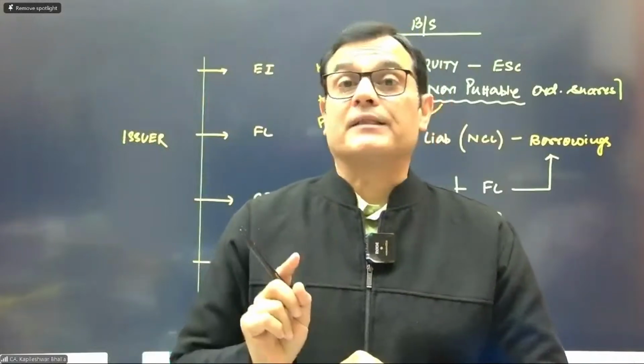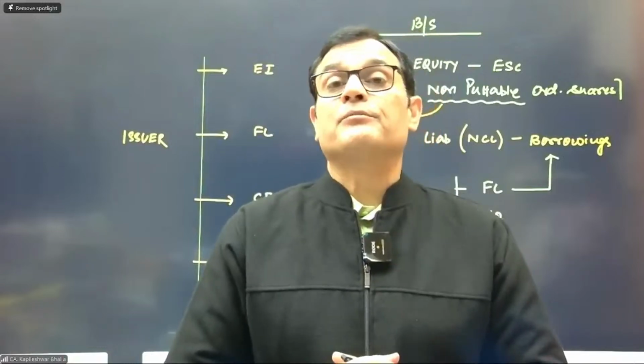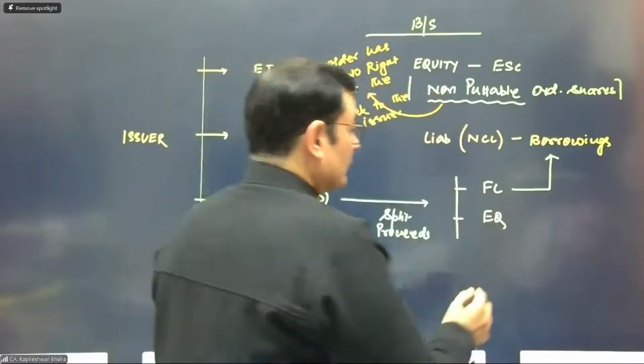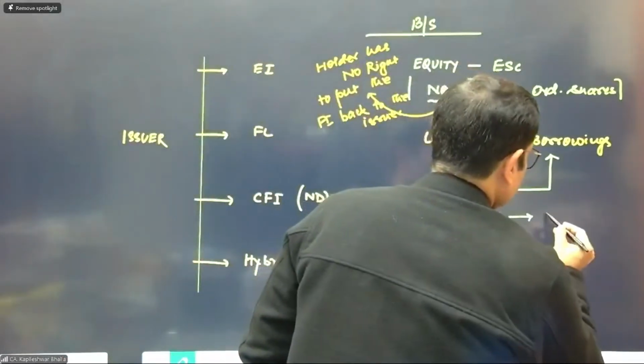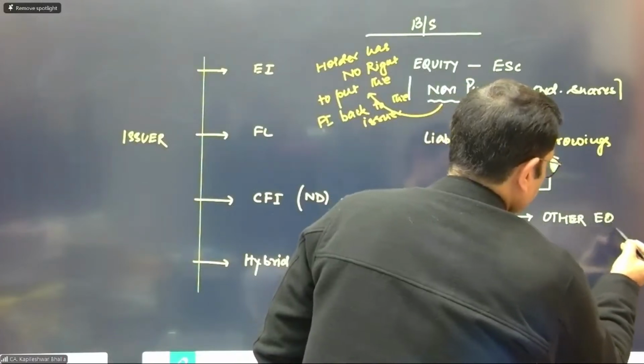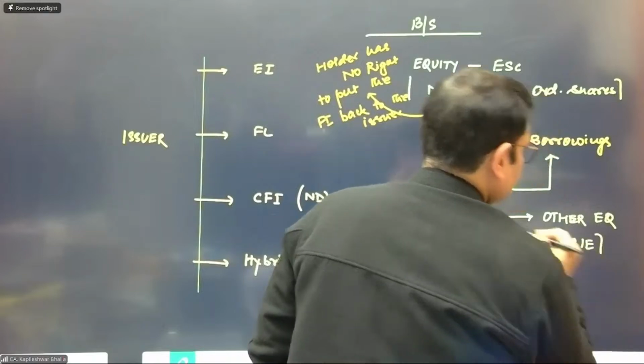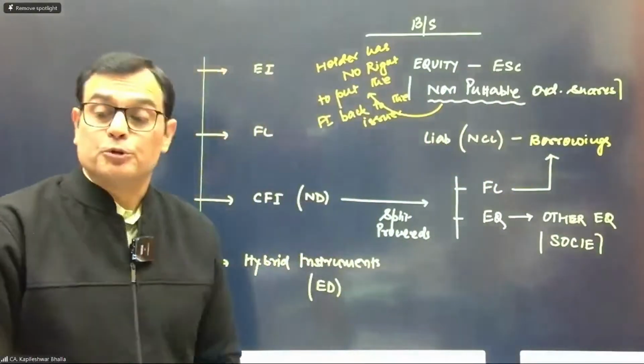I made a mention of that earlier as well, and today I'm going to show you a lot of inputs in terms of SOCIE as well. So this equity element is going to be presented in the balance sheet as other equity, and it would be a part of the statement of changes in equity, which I am going to show you today.